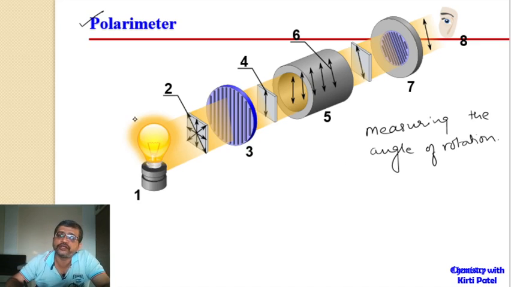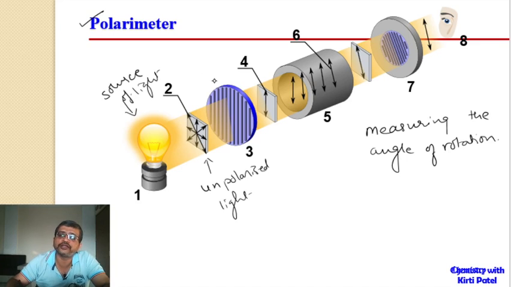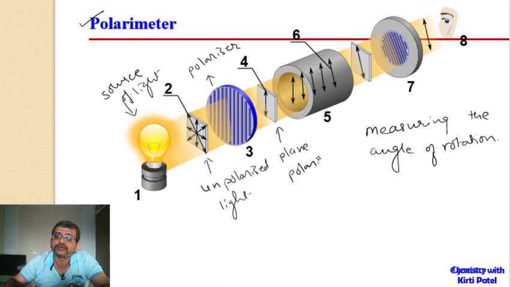Here we have a source of light which emits an ordinary unpolarized light. This unpolarized light then passes through a polarizer, which is generally a Nicol's prism, and it becomes a plane polarized light.